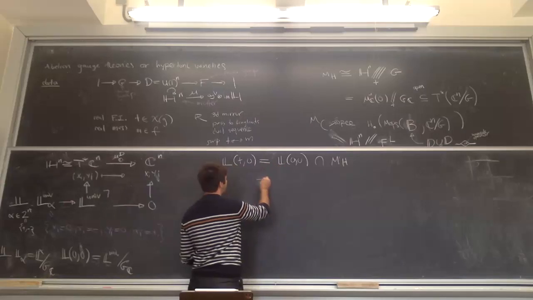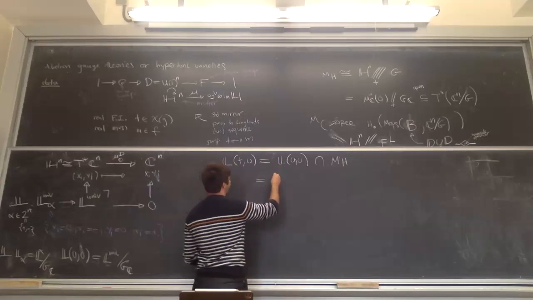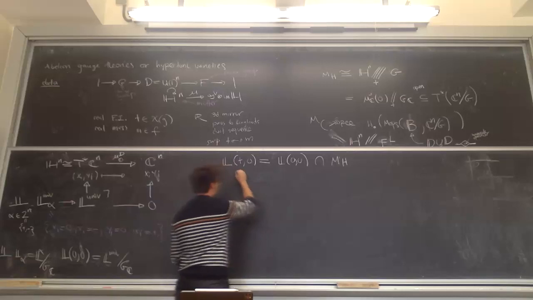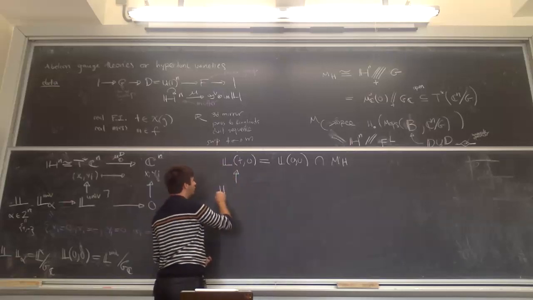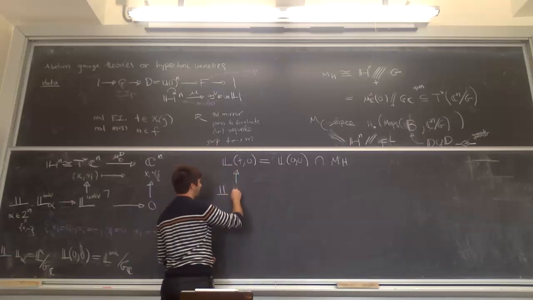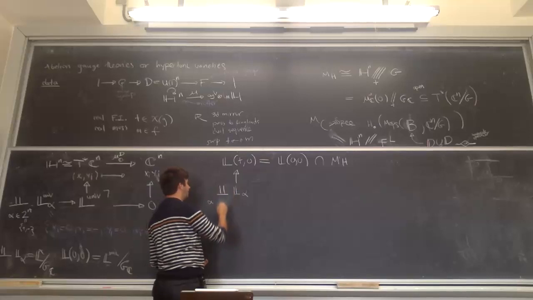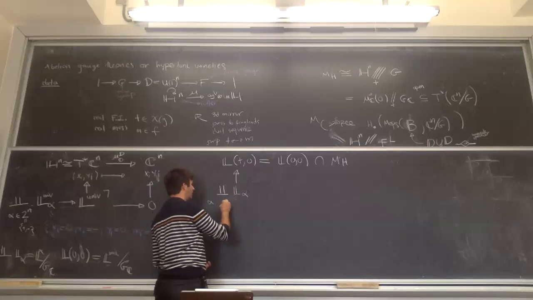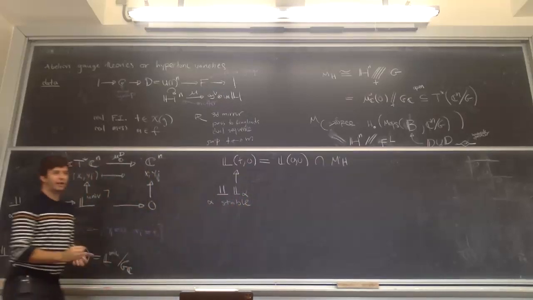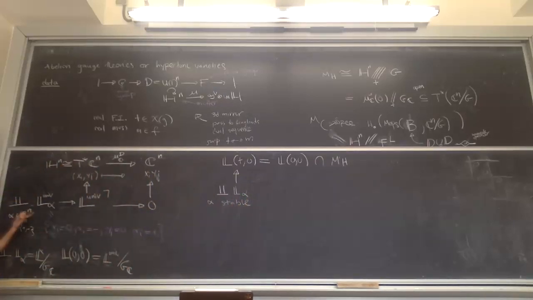And this thing will actually admit a map from the disjoint union of a bunch of L alphas, but only certain ones will appear. And the ones that appear, I'm going to call stable. So this is the definition of stable. It's just like some of these components, when you intersect, you get 0.